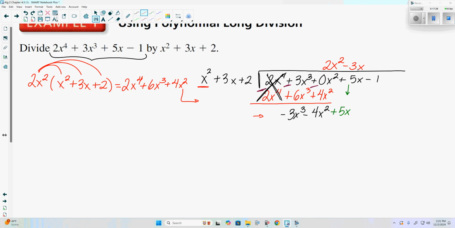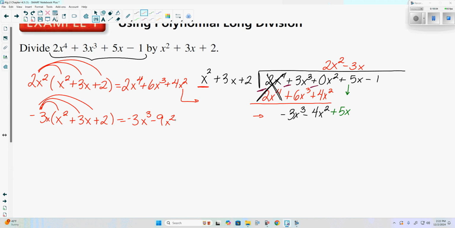All right. Now we're going to multiply again. Negative 3x times x squared plus 3x plus 2. Negative 3x times x squared, well, we'd still have the negative 3, x times x squared would give us x to the third. Negative 3x times 3x, negative 3 times positive 3 is going to be negative 9, and x times x is x squared.